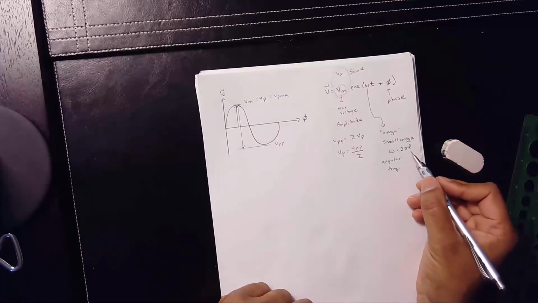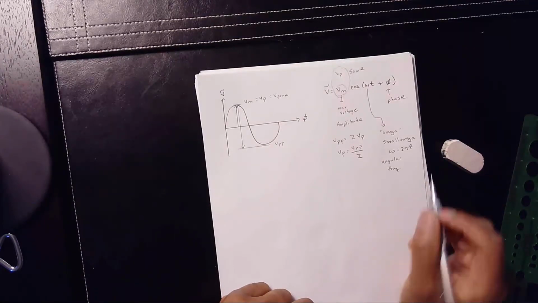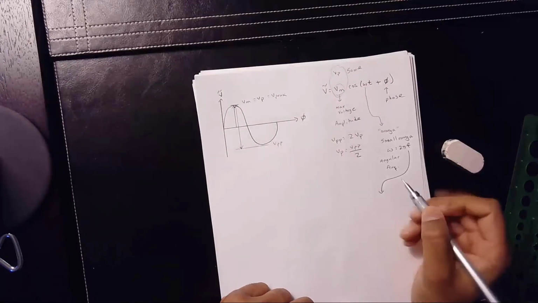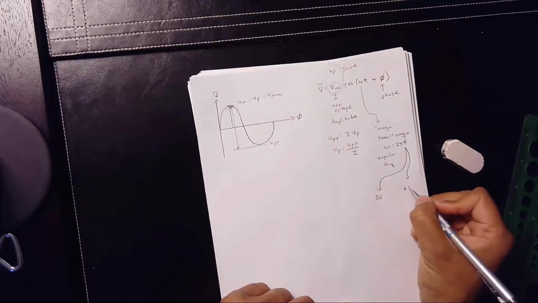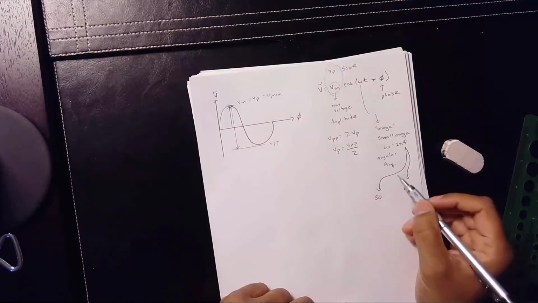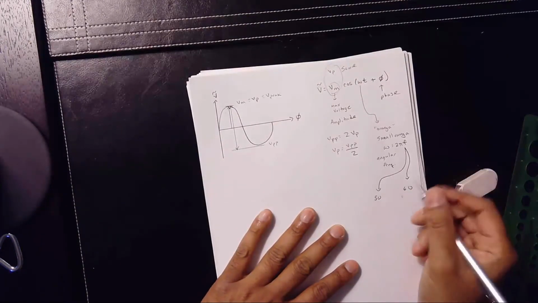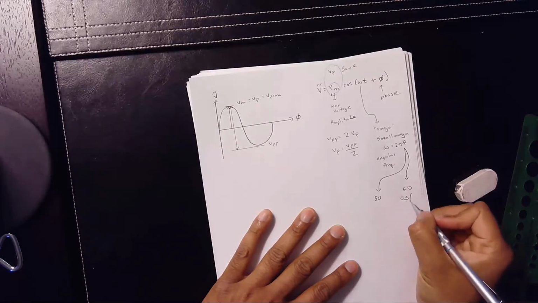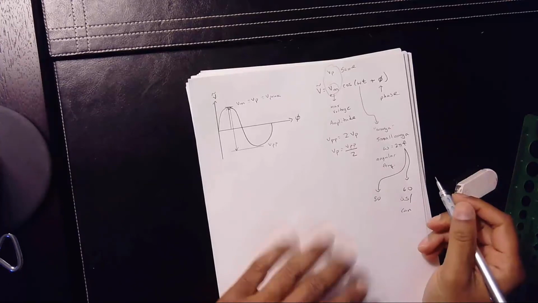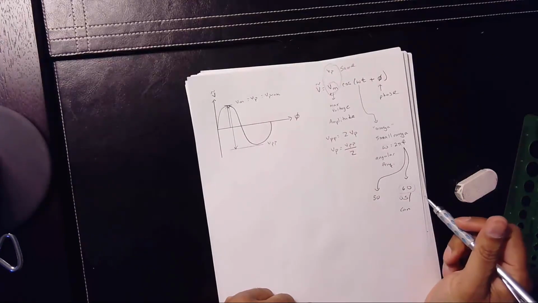That's all. This f has 2 values only. The first value of f is 50. The second value of f is 60. In the US, Canada, and usually in industrial parts of the world, we use 60 hertz.